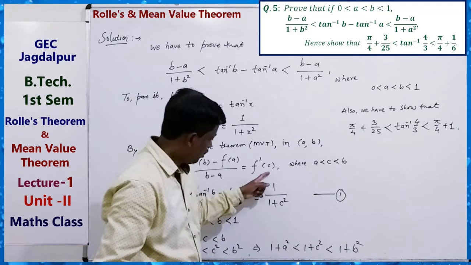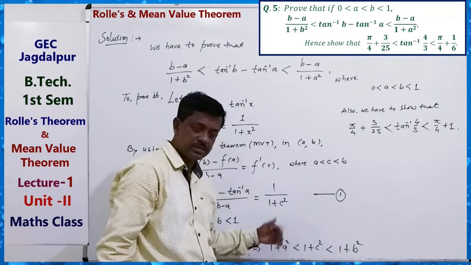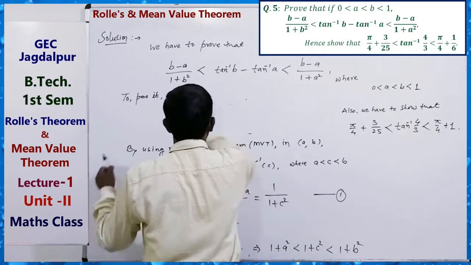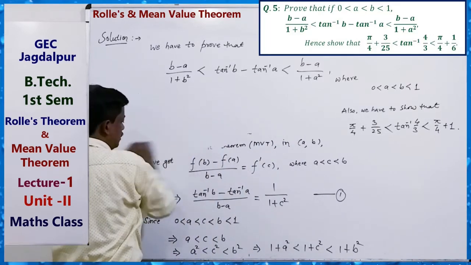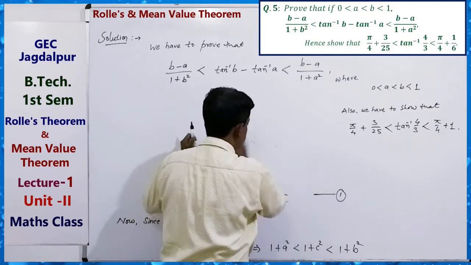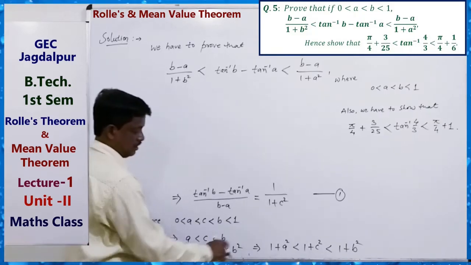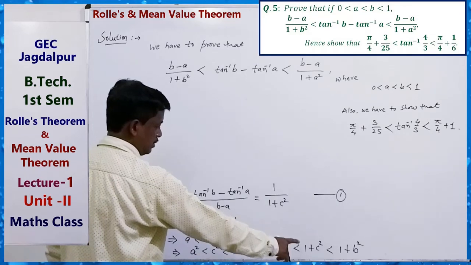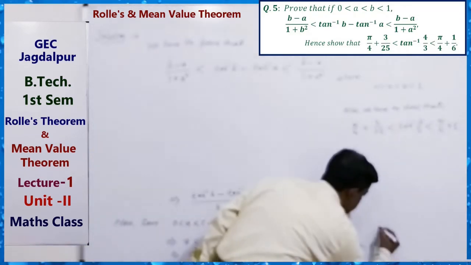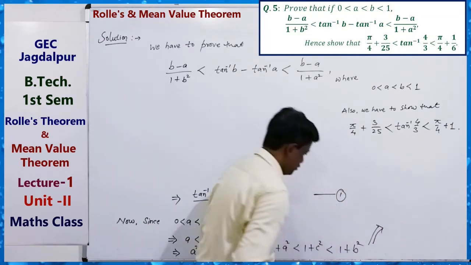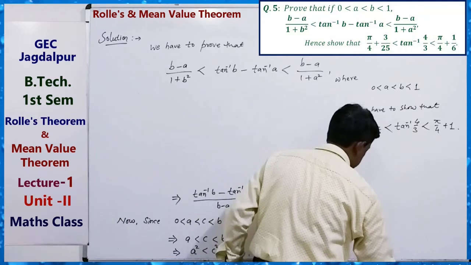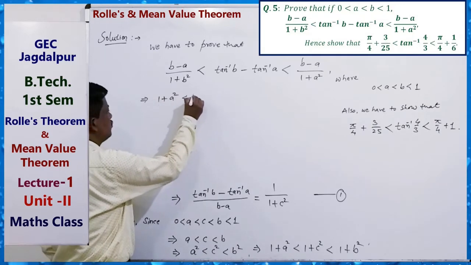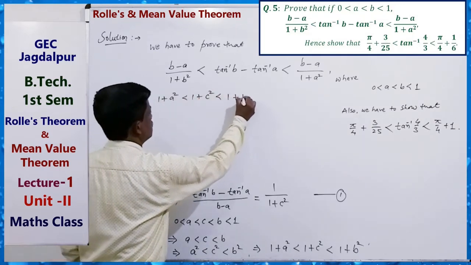Now we require 1 upon 1 plus c square. So just invert this, then the inequality will change. We have 1 plus a square is less than 1 plus c square is less than 1 plus b square.